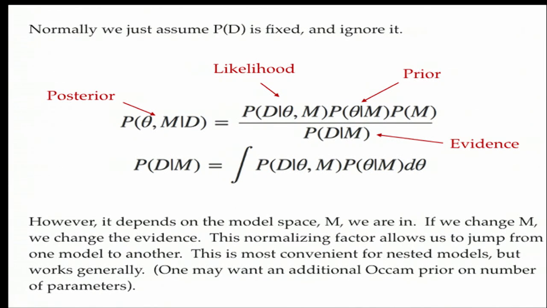And then that's all normalized by the evidence, which now depends on the model. So that evidence now is this integral here that normalizes that. But did I leave out the prior on the model? Oh, but this is given the model. I think I left a term out. Anyway, the point is this integral changes as we change the model.